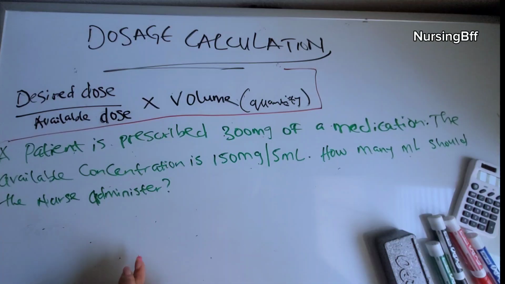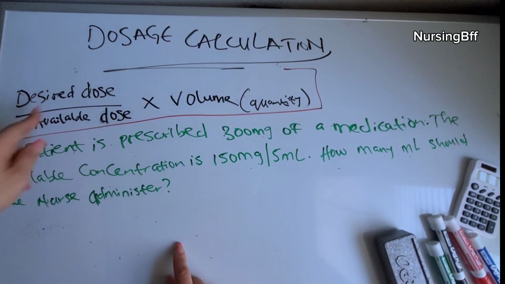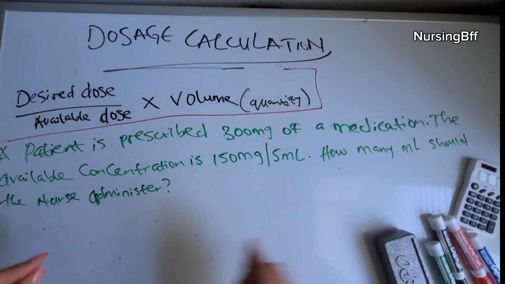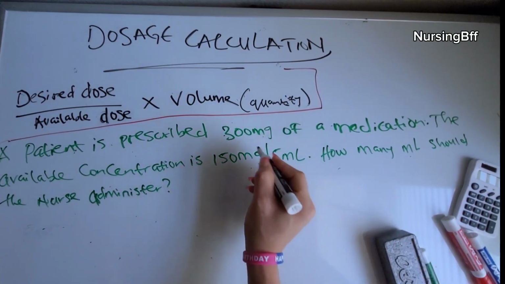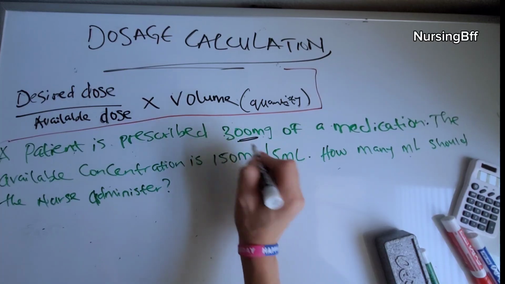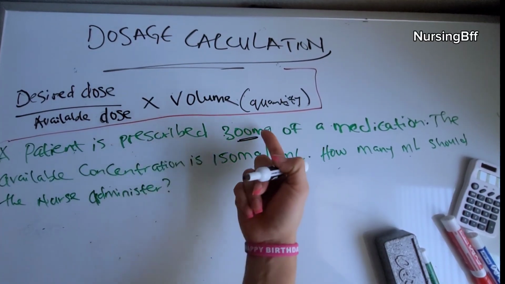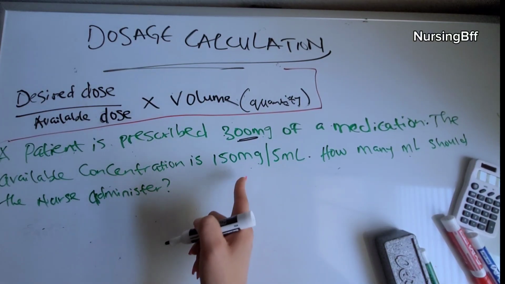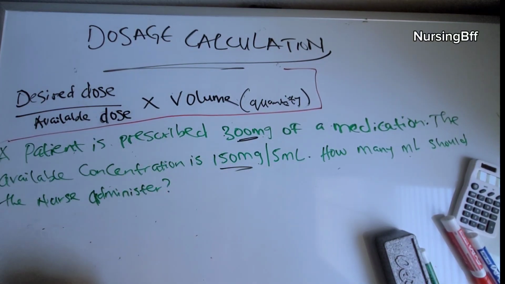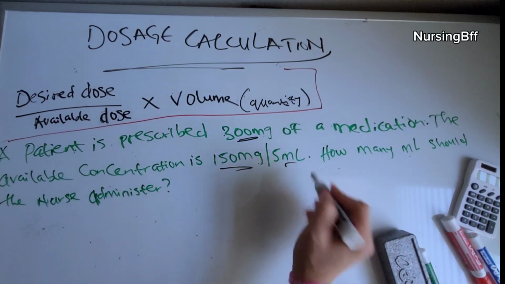Don't forget, remember the desired dose is what you want. The desired dose right now is what I was prescribed to give. And the available is what you got already in there, which is 150, and this is the volume.